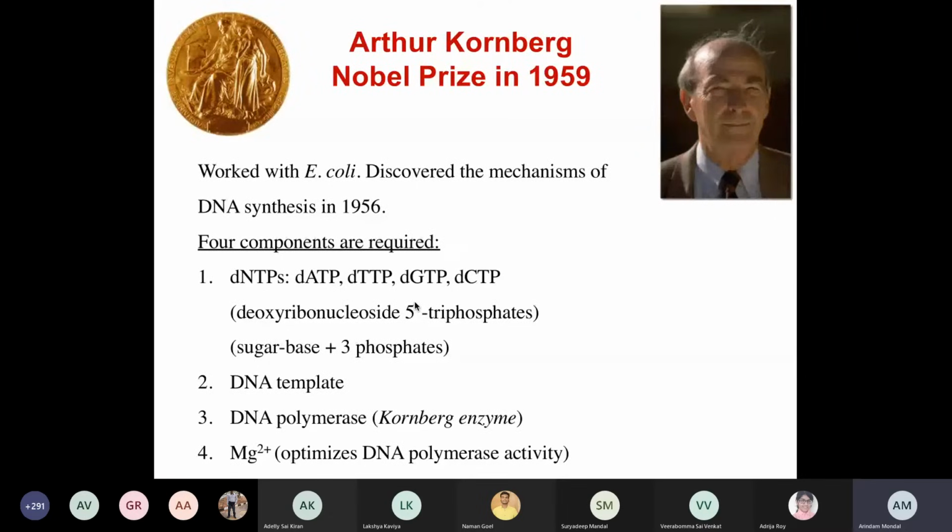Individual nucleotides get attached to each other through phosphodiester linkages to form these long polymer chains. Hence during DNA replication you need these individual nucleotides, dATP, dTTP, dGTP and dCTP. These are the individual nucleotides needed for the DNA replication process.